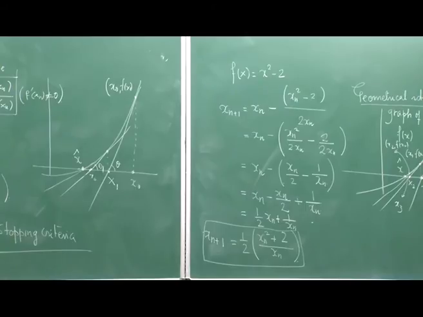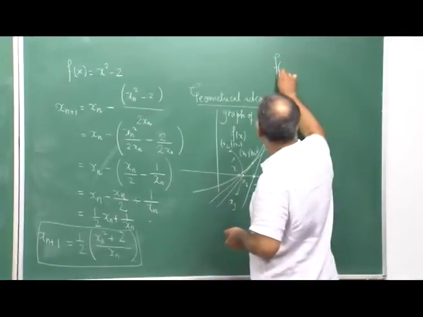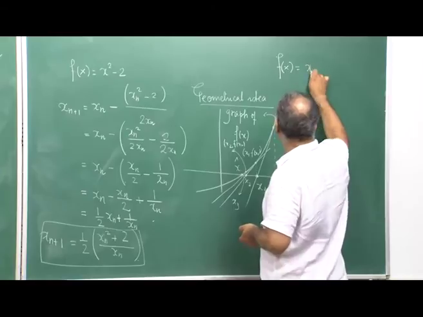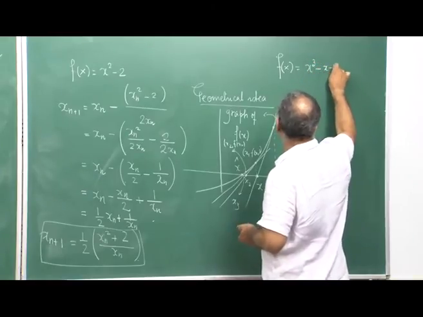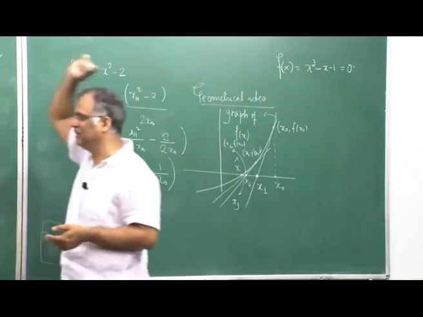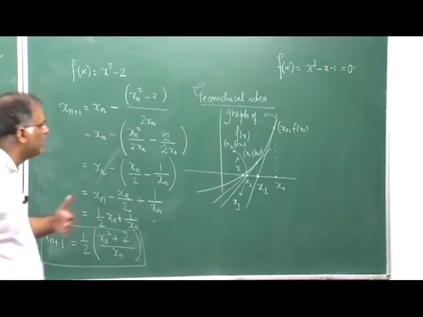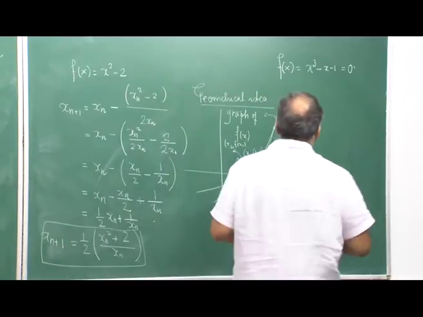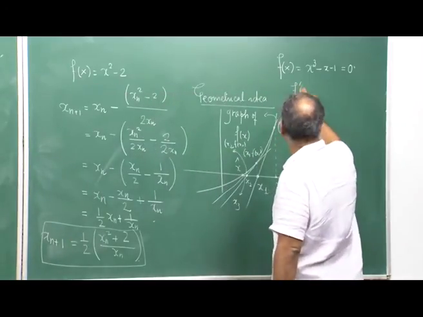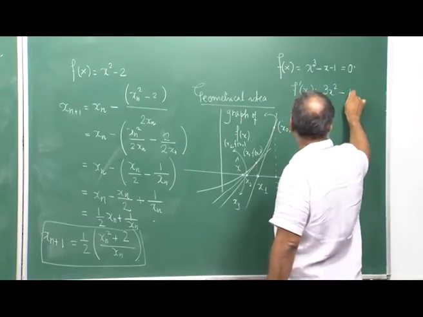I am sure our TAs would give some homework on this. For example, there is a problem from Thomas's calculus, x cube minus x minus 1, a very standard problem given in many classes. I also did that when I was an undergrad student. How will you handle this situation? You will start with some point and keep moving, and here f dash x is equal to 3x square minus 1.